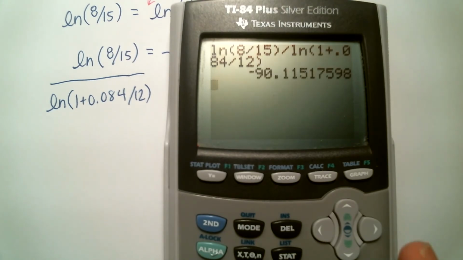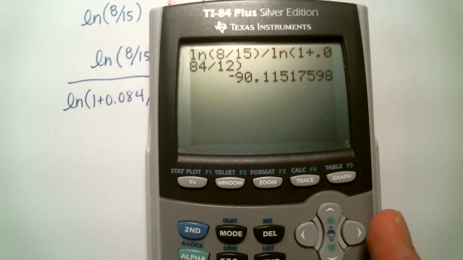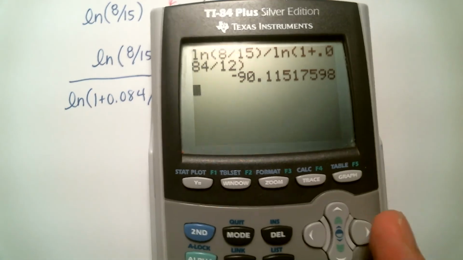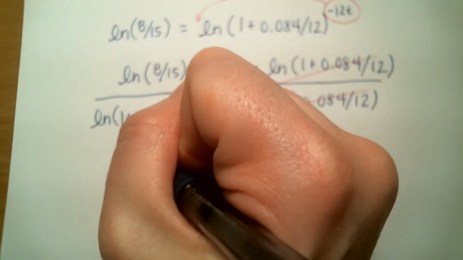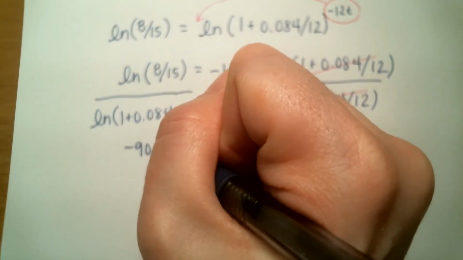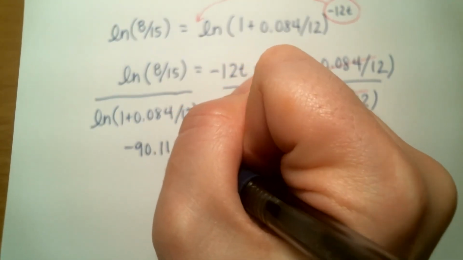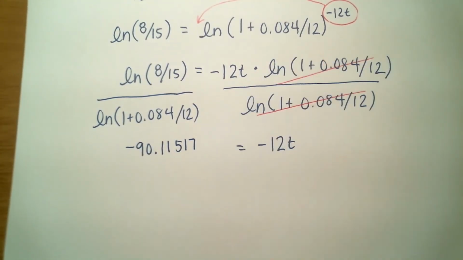So that's going to be this nasty decimal. I'm going to go ahead and write the whole thing down for you. So we're going to get negative 12t is equal to negative 90.11517598.